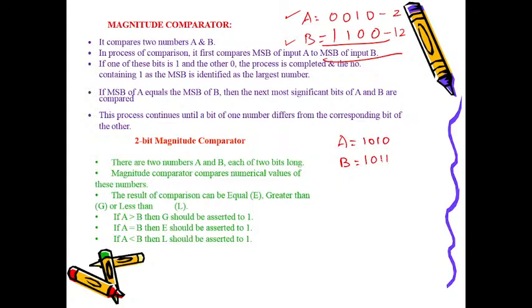B is also 1. So all 3 bits starting from your MSB are the same. The last bit is going to decide which is greater, which is lesser. Here A is 0, B is 1.